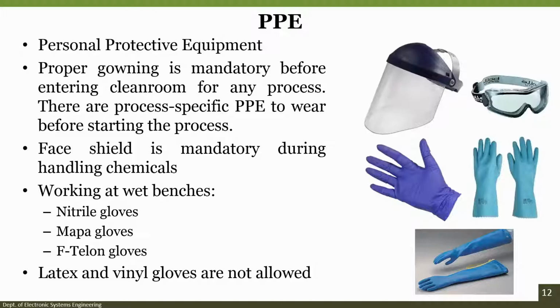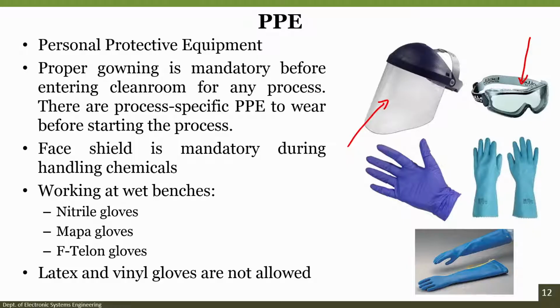What is personal protective equipment? Proper gowning is mandatory before entering the clean room, and there is process specific PPE to wear before starting the process. Face shield is mandatory when handling chemicals. Generally, we wear glasses, but when we are working with acids, the wet bench is used to create diaphragms or to etch silicon or different kinds of metals, insulators and semiconductors.